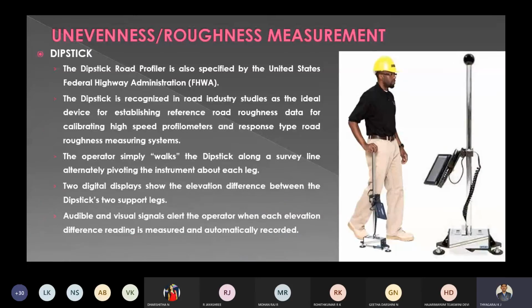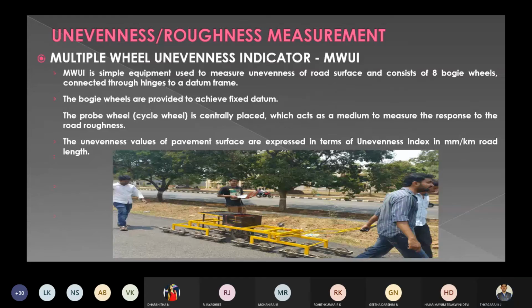Then next is a dipstick. This is a very simple equipment developed by the United States Federal Highway Administration, and it is held in the hand. You simply move along the control line of the pavement, or you can move along the wheel path and measure the reading.